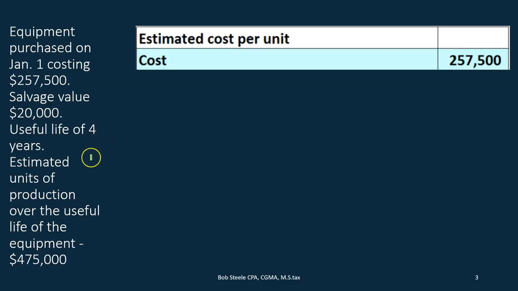But really what we're going to estimate is not based on the time. We're going to estimate on the units of production. So in this case, we believe that this thing is going to produce 475,000 units. So you can imagine that if we got a printer or something like that, a very expensive printer, that on the box it says, this printer will produce 475,000 pages.